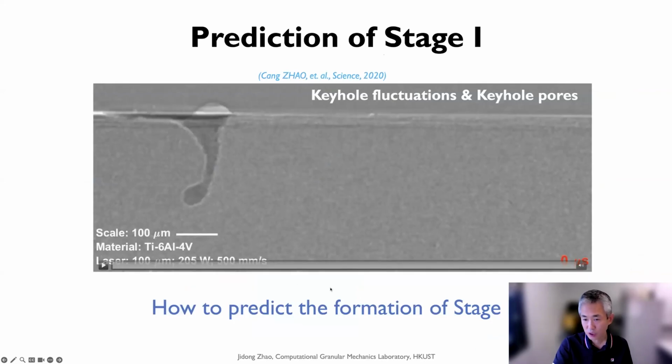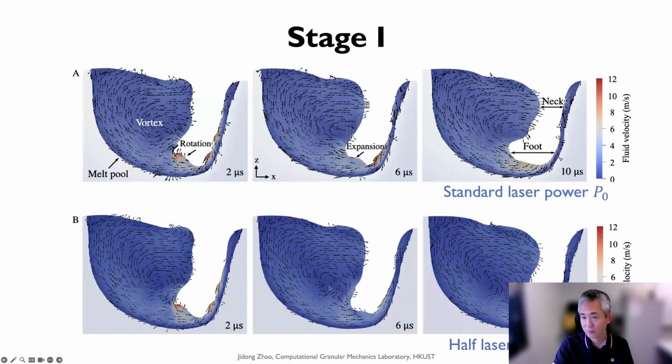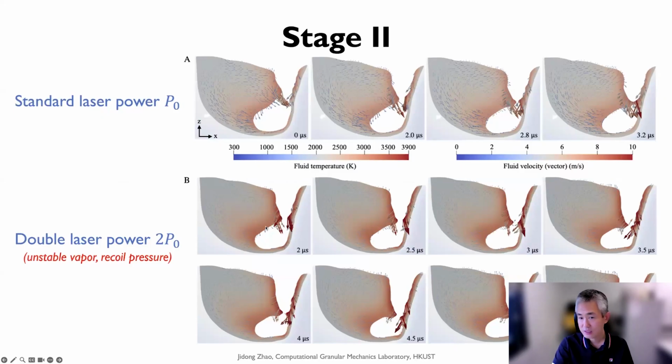We look at how we can predict stage 1. We identify that stage 1 may be important, and we should pay more attention to the control in stage 1 rather than stage 2. Stage 2 is too fast, so it's more challenging to control.